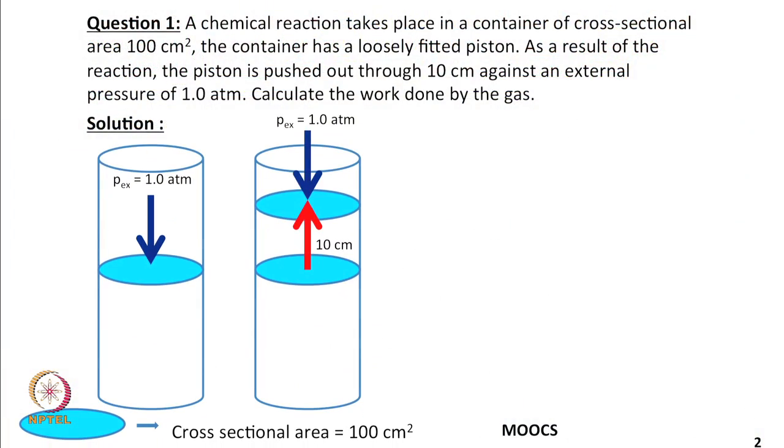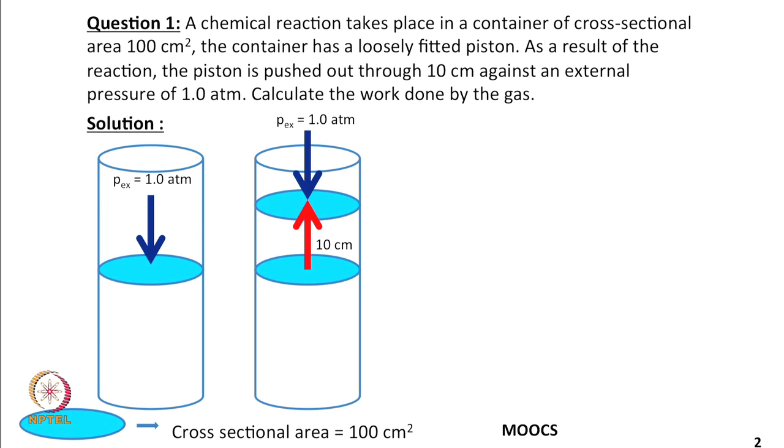Calculate the work done by the gas. It is a very simple problem. As you can see in this figure, you have a container with a cross sectional area of 100 centimeter square, and the piston is moved upwards by 10 centimeter. What we have to do is to calculate the work done by the gas.